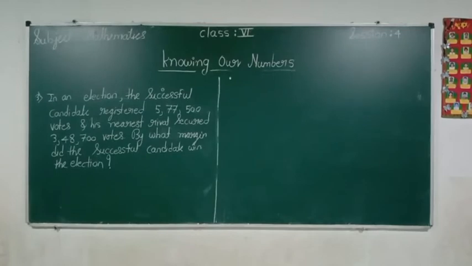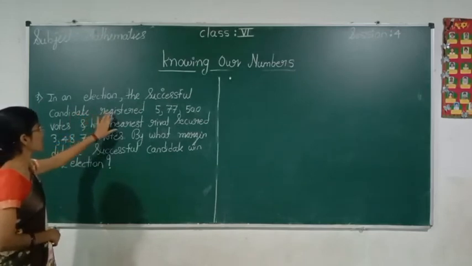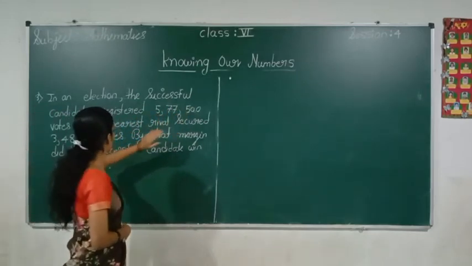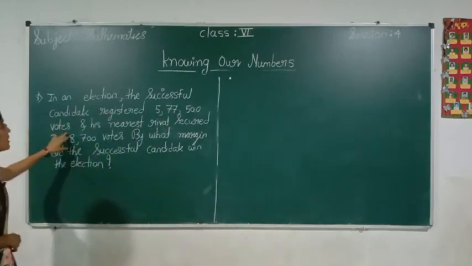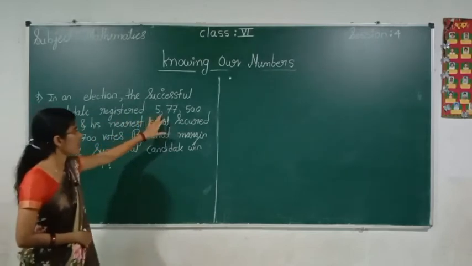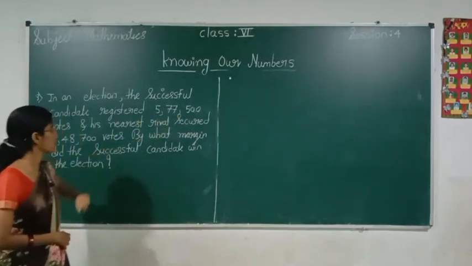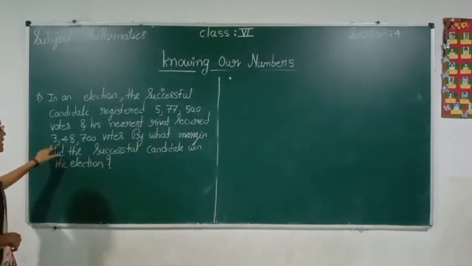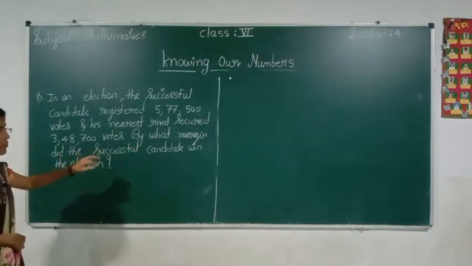Now see the next question, students. In an election, the successful candidate registered 5,77,500 votes. Okay, how many votes did the successful candidate register? 5,77,500, and his nearest rival secured 3,48,700 votes.